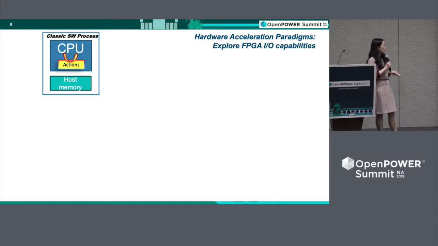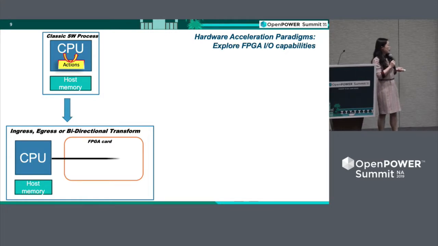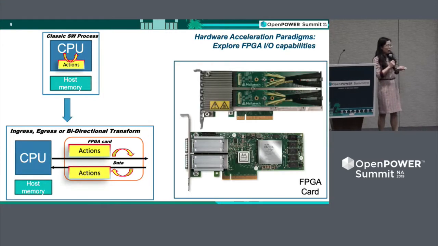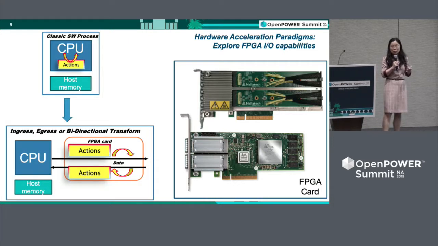And the second one is to explore FPGA's I/O capabilities. That means we can move data ingress and egress. Today, FPGA cards can be designed based on customer requests, and you can design any external interfaces as you want.